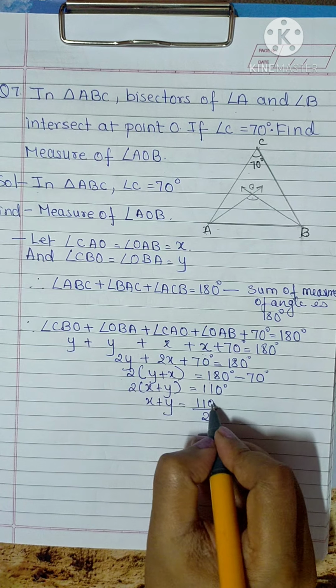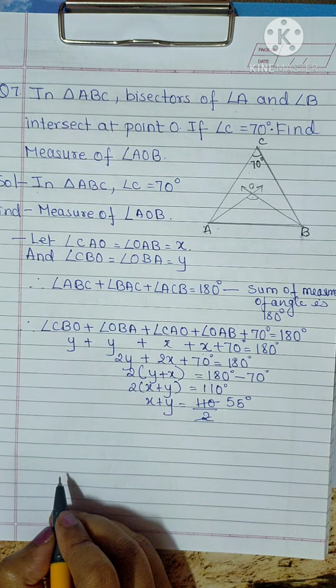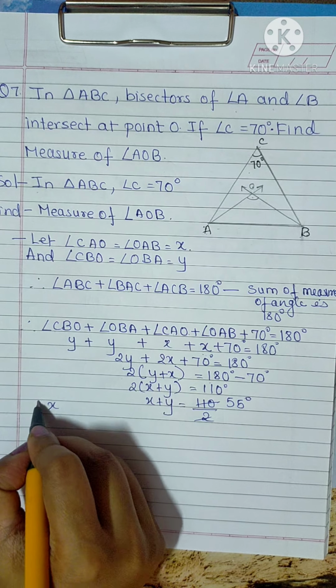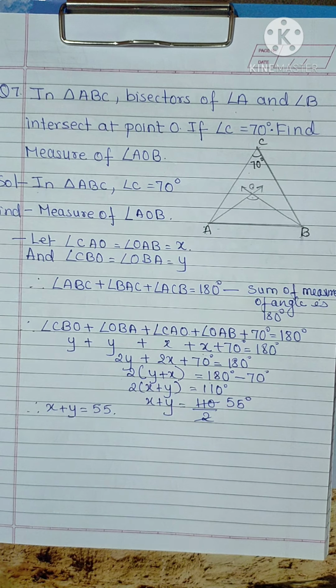When we divide, we get 55 degrees. So X plus Y equal to 55.